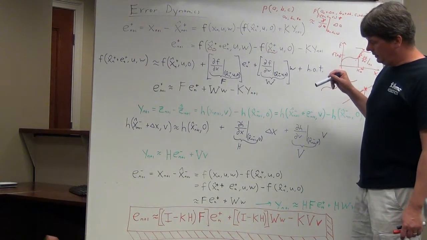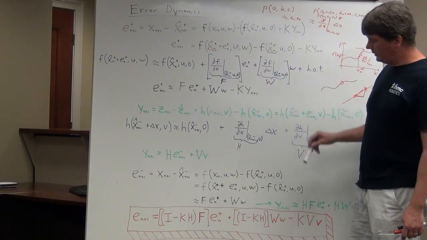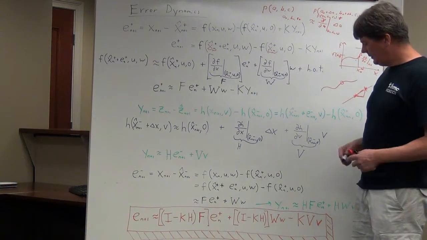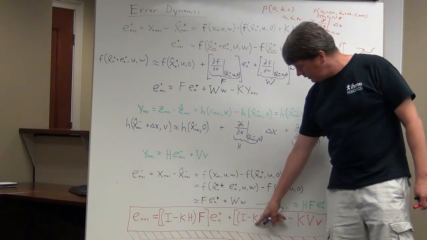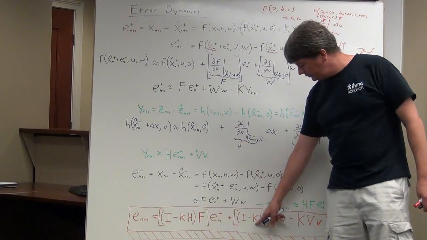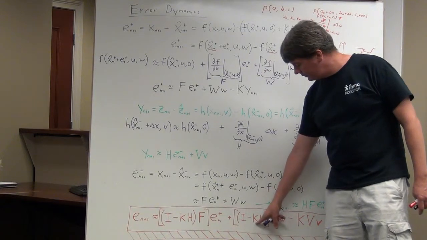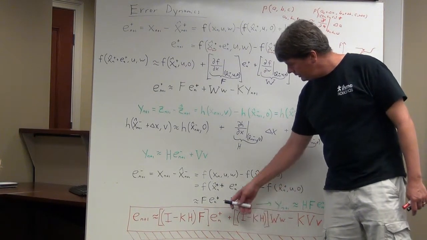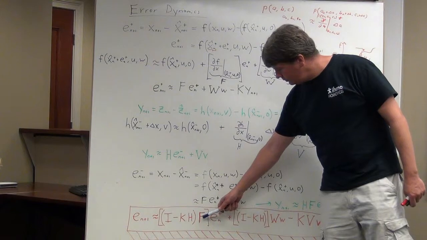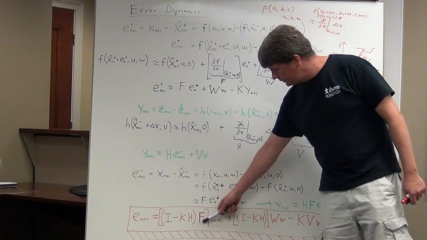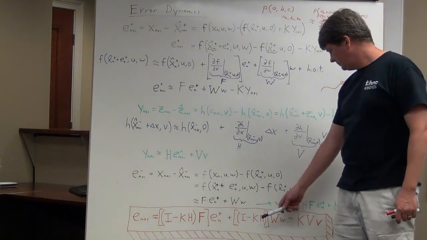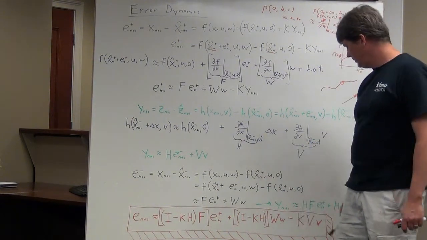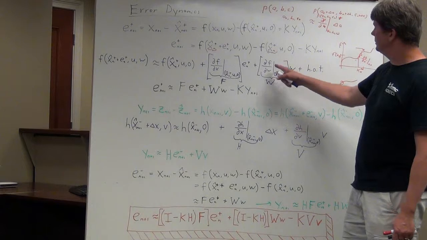So the error dynamics are the same, meaning that the same ways you could choose k for the linear Kalman filter can be used to choose it for the nonlinear Kalman filter. What you need to do, though, where the difficulty lies, is computing these F and H matrices and W and V, which are these partial derivatives.